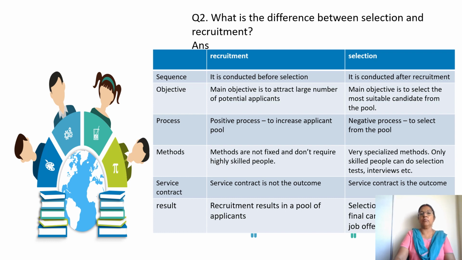The objective of recruitment is to attract a large number of applicants, potential candidates. The objective of selection is to screen out these applicants and to select only the most suitable candidates from the pool of applicants.